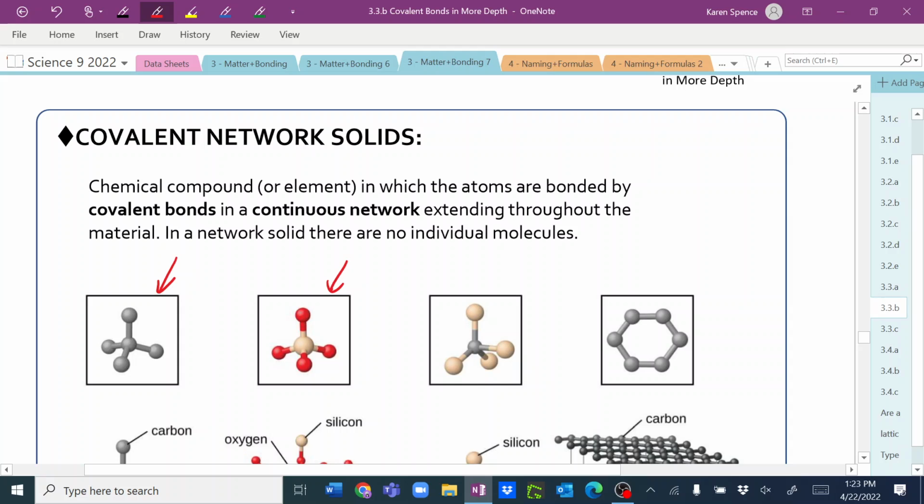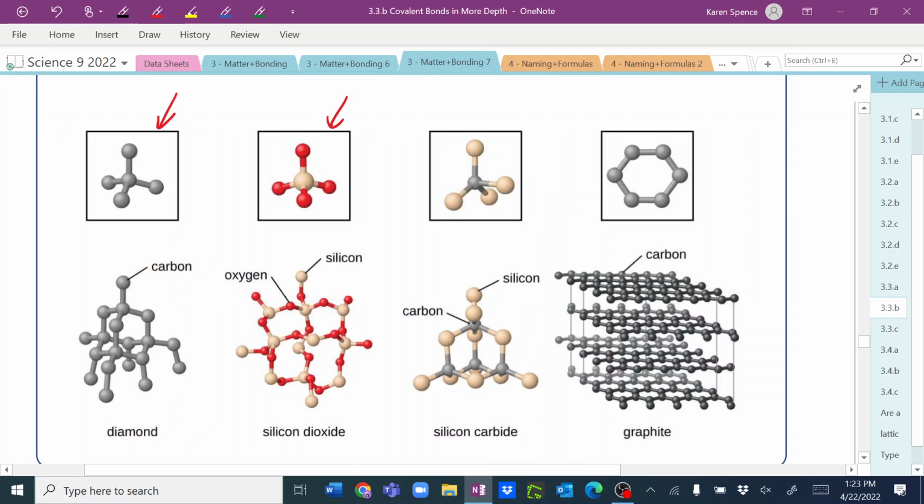So for example, you will end up with many of these silicon and oxygen units, silicon dioxide, that end up making sand. And you can have a large grain of sand and a small grain of sand. The size of that structure depends on how many of those units are repeating over and over. Now, we have a couple of models here.